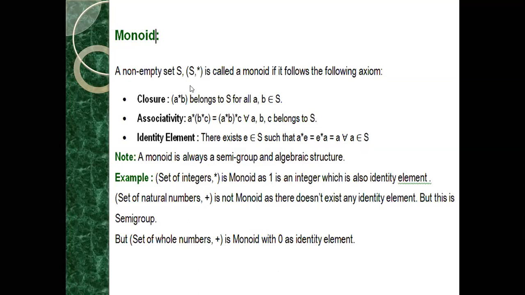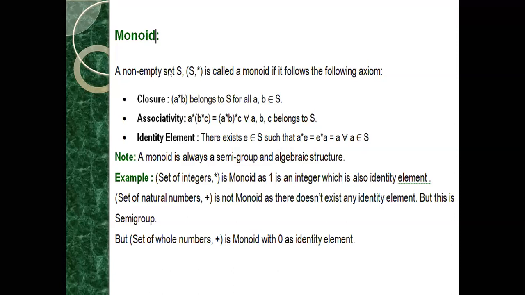So if the given non-empty set satisfies these three laws or axioms, then the set is called a monoid. What are they? Closure law, associative law, and having an identity element.